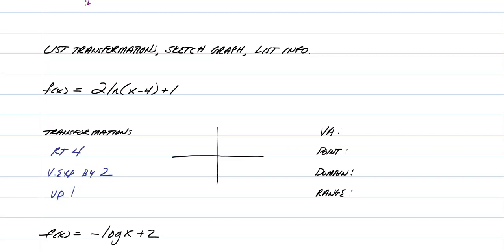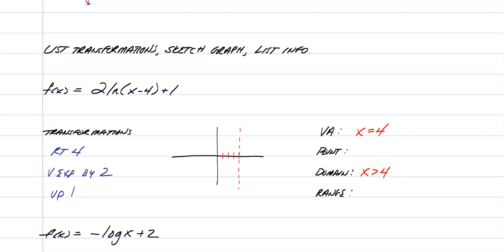Right 4 means our vertical asymptote, which was at x equals 0, moves right 1, 2, 3, 4. We have a vertical asymptote at x equals 4, which means our domain is x is greater than 4.